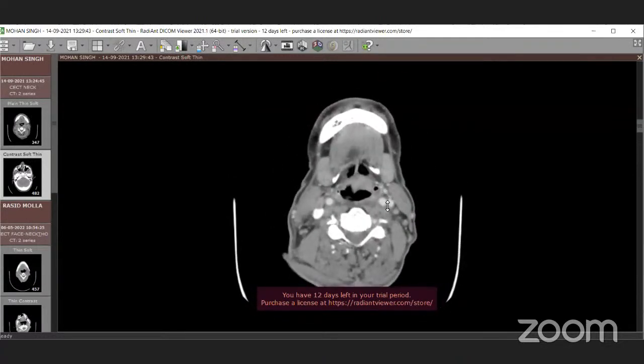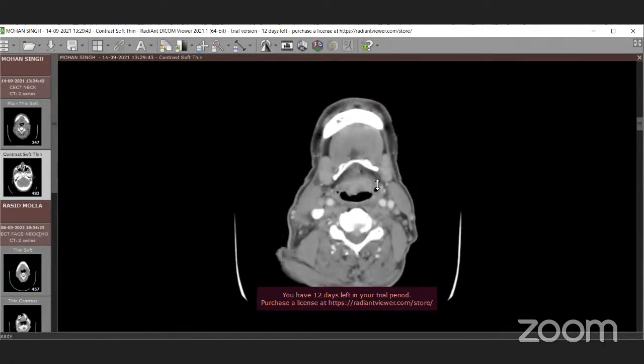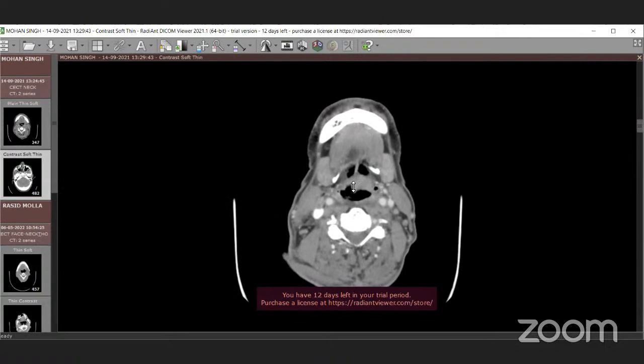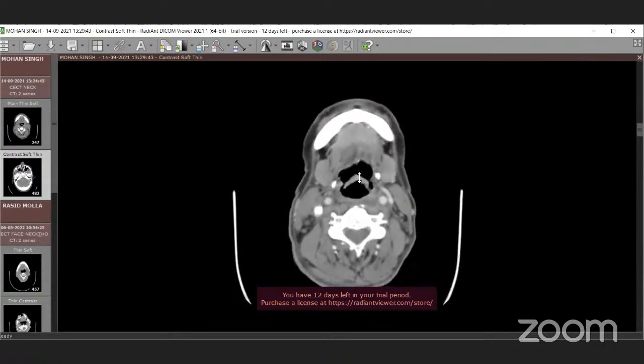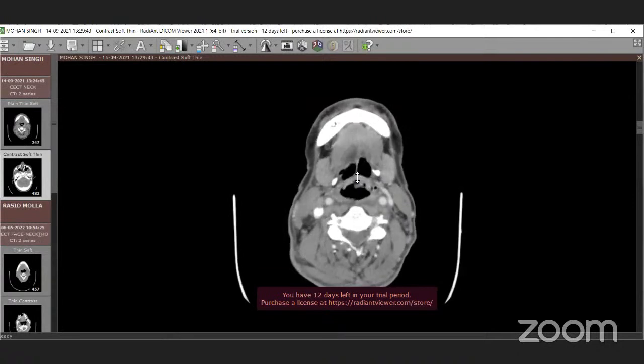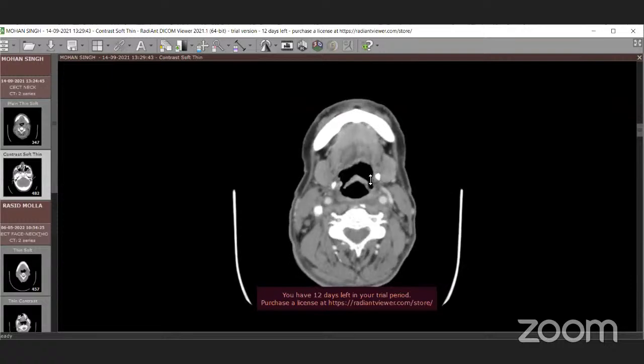Okay. So this patient particularly has a tumor at the level of the epiglottis extending into the vallecula. We will try to show whatever anatomy is seen through this. This is the median glossoepiglottic fold, and this mucosal double lining here is the lateral pharyngoepiglottic fold.